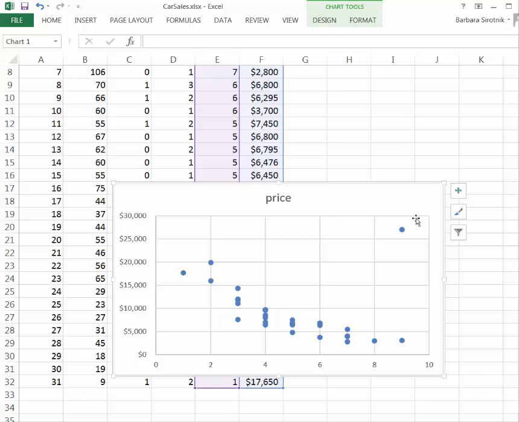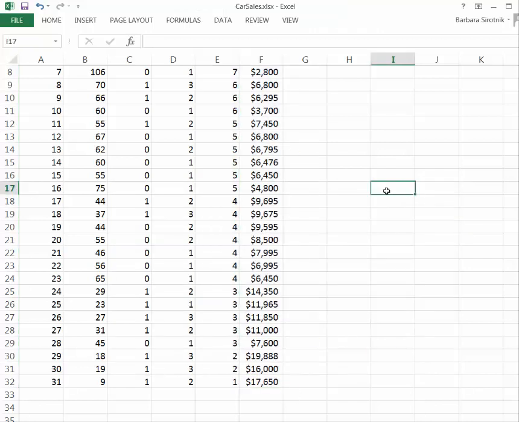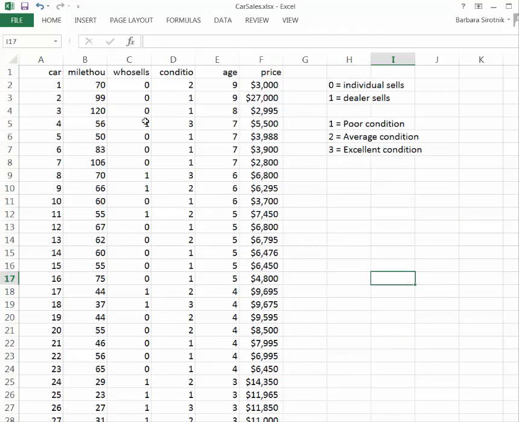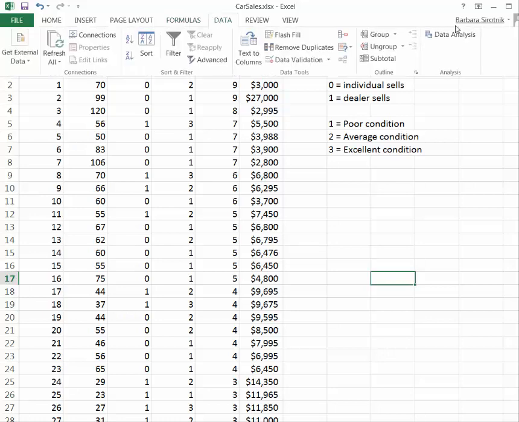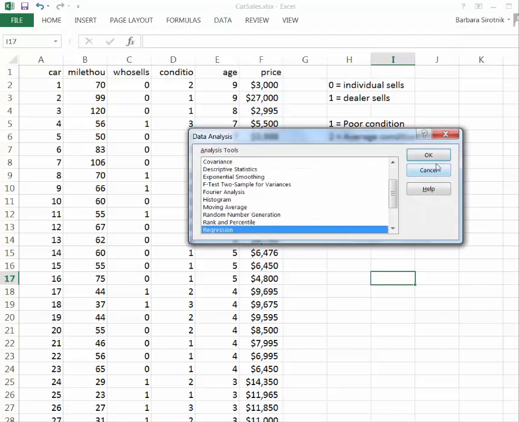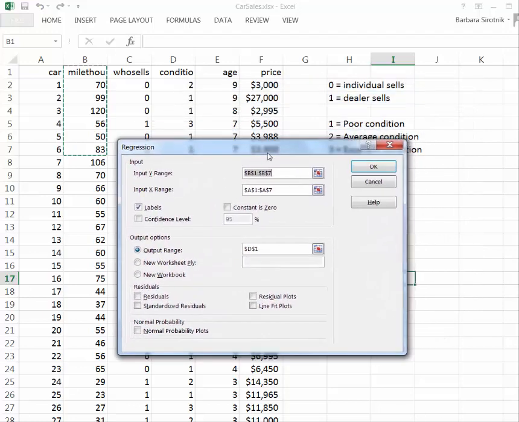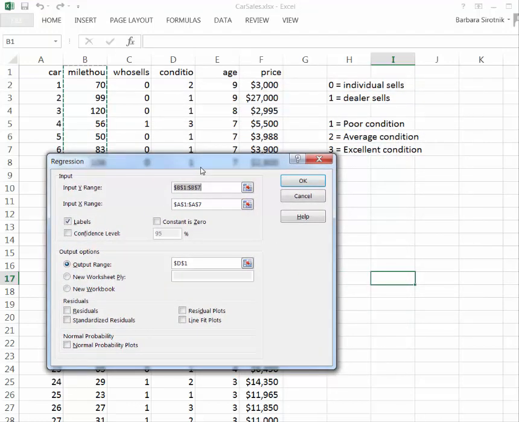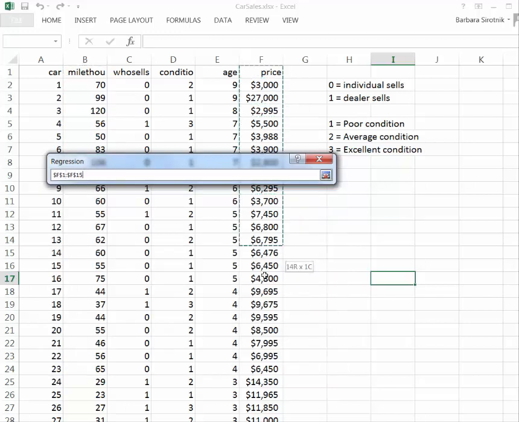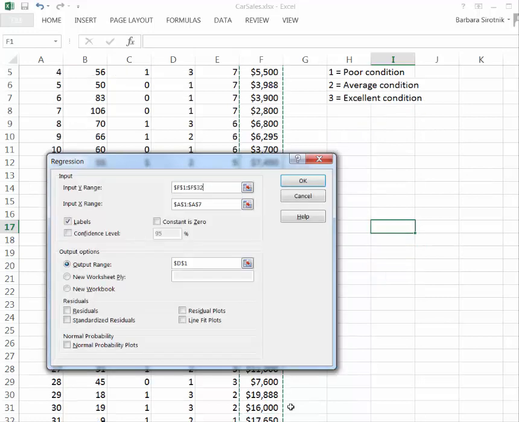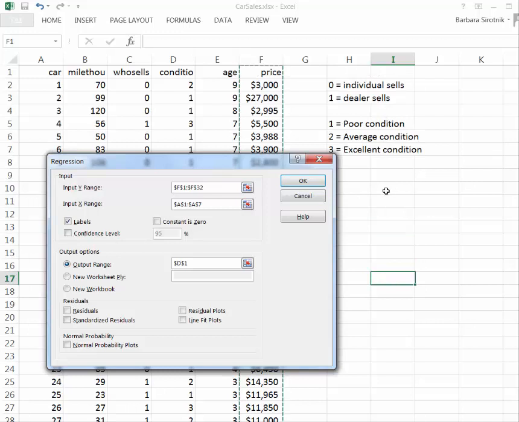Well, now that I've done that, let's see if I can do some of the analysis that I did a moment ago. I'm going to do data analysis and regression. And the question now is, what do I have as my Y range? Well, I'm trying to predict price. So my Y would be my Fs. In other words, I will pull down, I'm going to go from F1 up to F32.